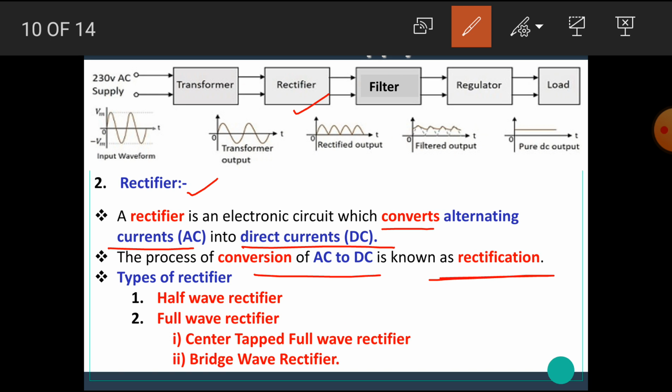There are mainly two types of rectifiers. First one is half wave rectifier and second one is full wave rectifier. The full wave rectifier is further divided into two types: center tap full wave rectifier and bridge full wave rectifier.